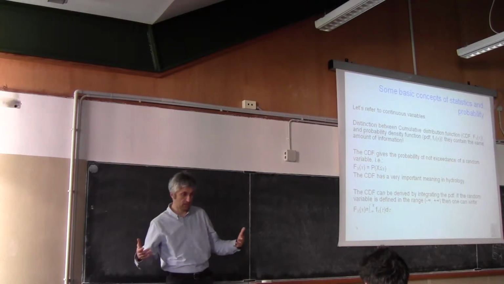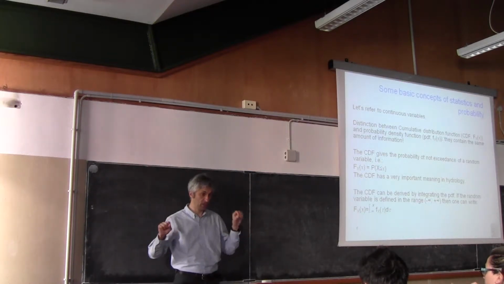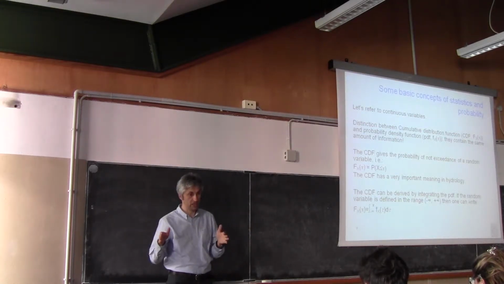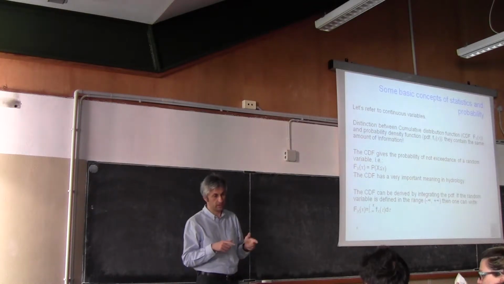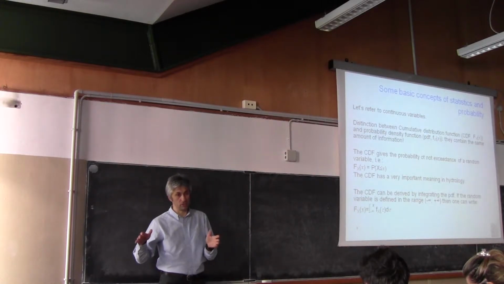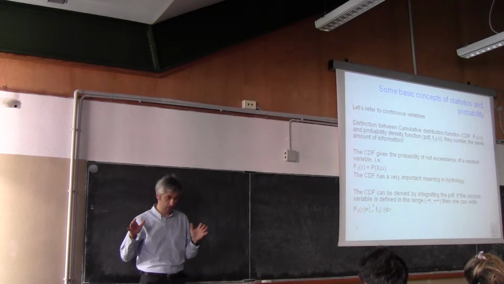Then this random variable can be discrete or continuous. If it is discrete, it means that we have a finite number of occurrences that can happen, like tossing a coin. You have head or cross. They are discrete events. If the random variable is continuous, we have an infinite number of possible outcomes.